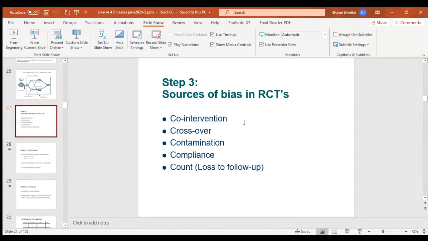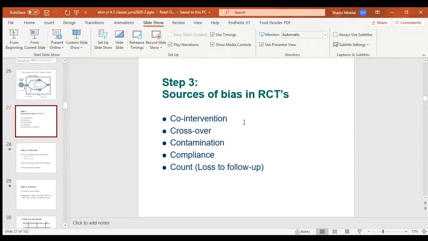So co-intervention, what's co-intervention? Co-intervention means a person in a randomized controlled trial getting a treatment, but they're getting something else besides it which could be helping them. So a person might be in a randomized controlled trial where one group gets HCG injections and the other group doesn't get any. But the people who get the HCG injections also get a 300-calorie diet.